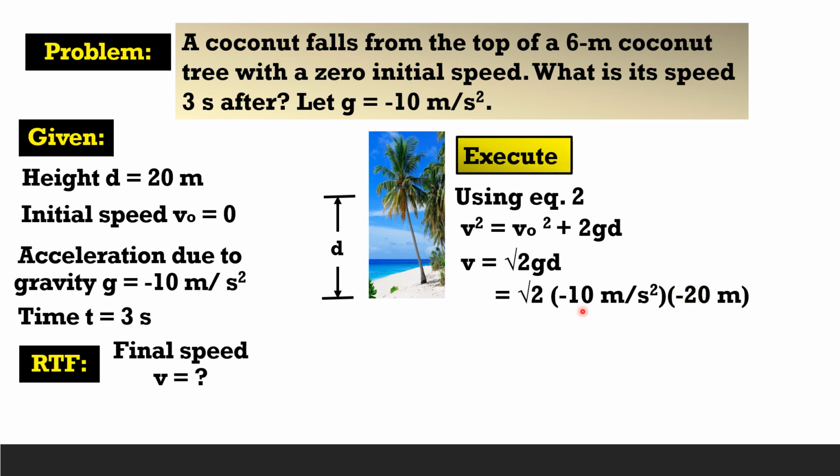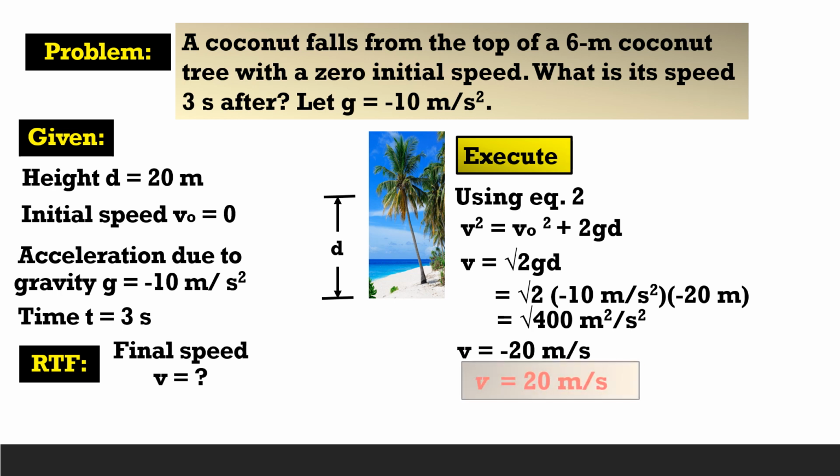When multiplied by negative 10 meters per second squared and 2, then we get the square root, we will get the value for the final velocity, which is negative 20 meters per second. When the negative sign is omitted because we're looking for speed, that would just be v equals 20 meters per second. You will notice that using equations 1 and 2, we get two different answers. Why?